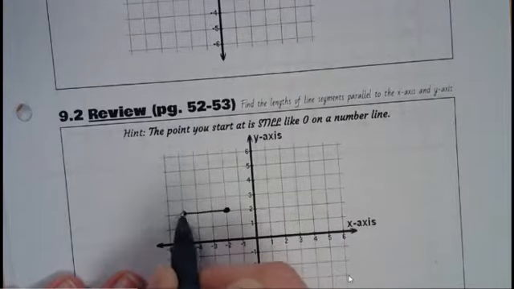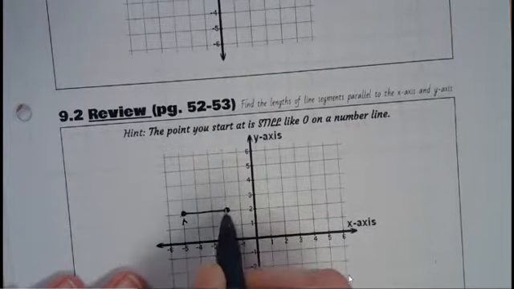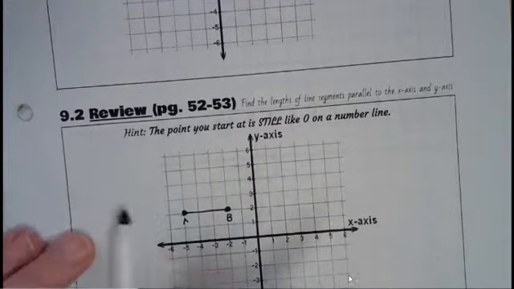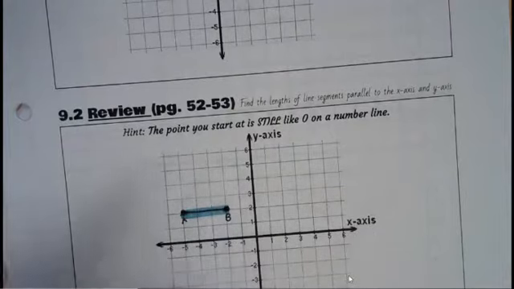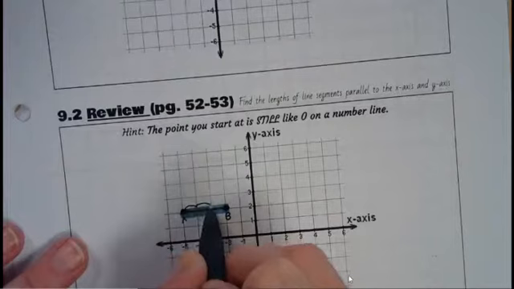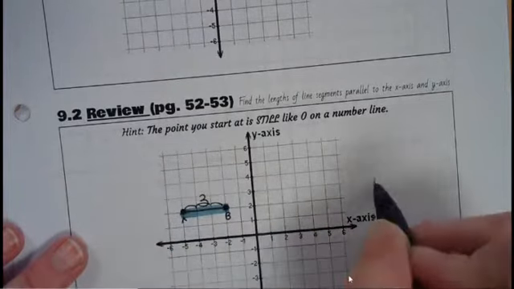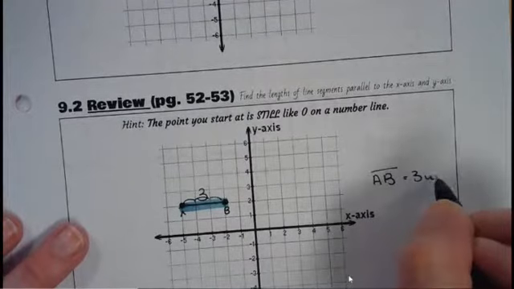The length of this line would be the same. I would just count from the -5 to the -2 and say it's 1, 2, 3 units. So line segment AB would be equal to 3 units. Okay, so this can help me find the perimeter of a square or a rectangle.